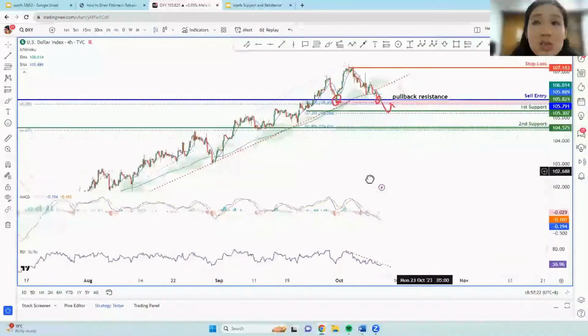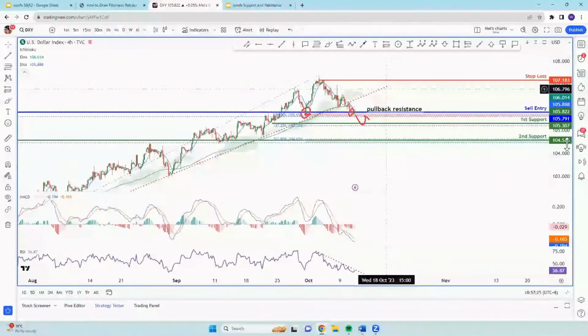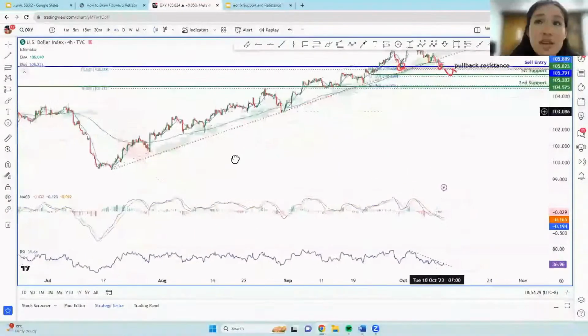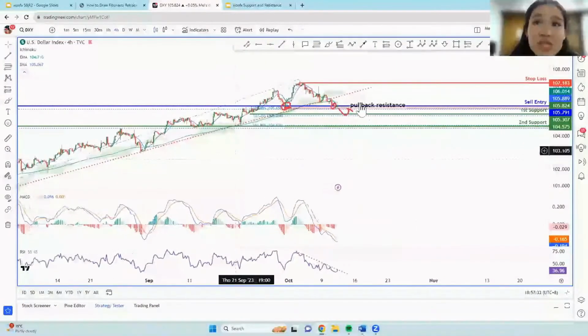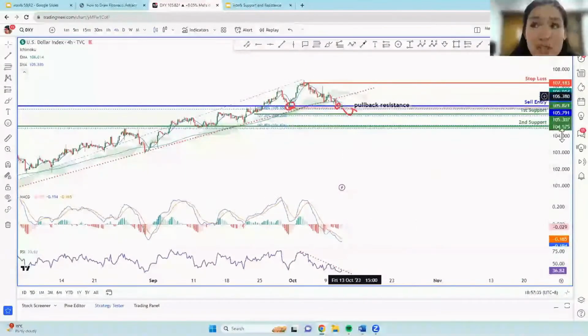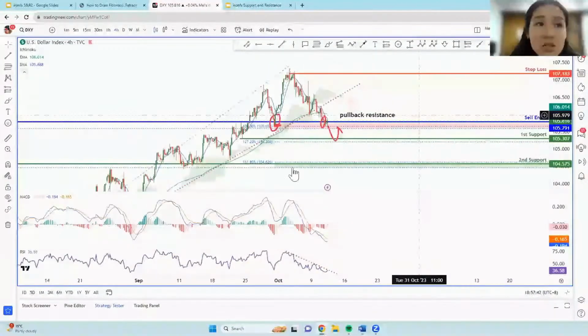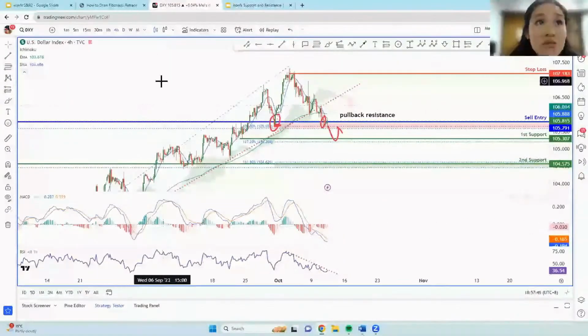Because of this ascending trend line, right? We have an ascending trend line here, and price recently broke out of it. So it gives us a bearish signal. Then we also pulled out our indicators. You see our MACD is giving us bearish signals.